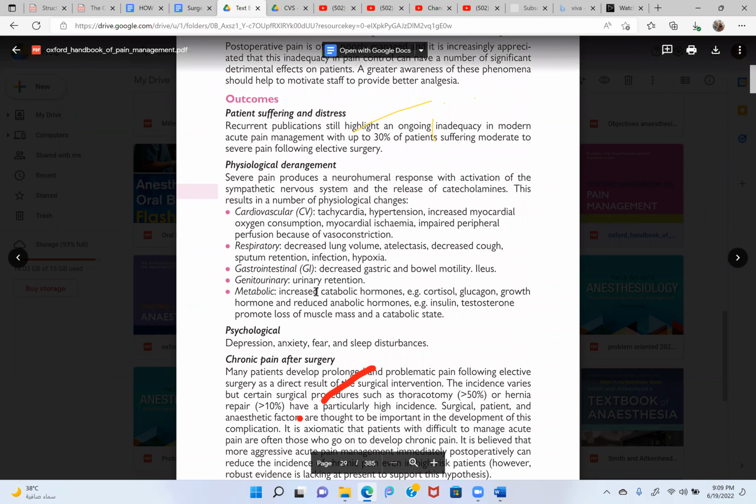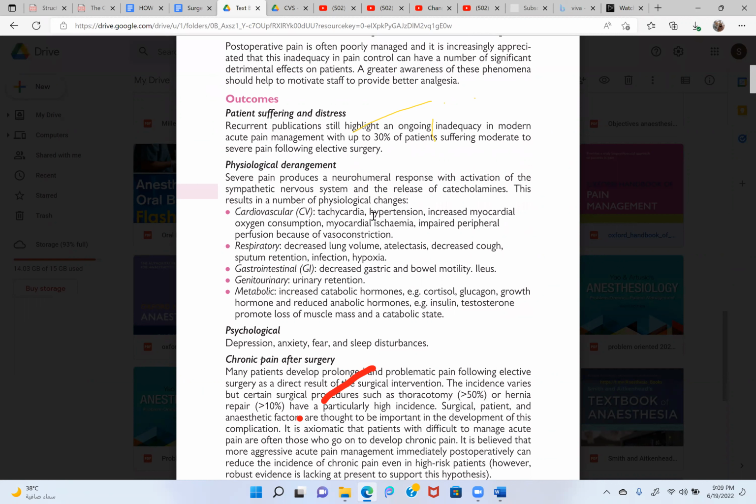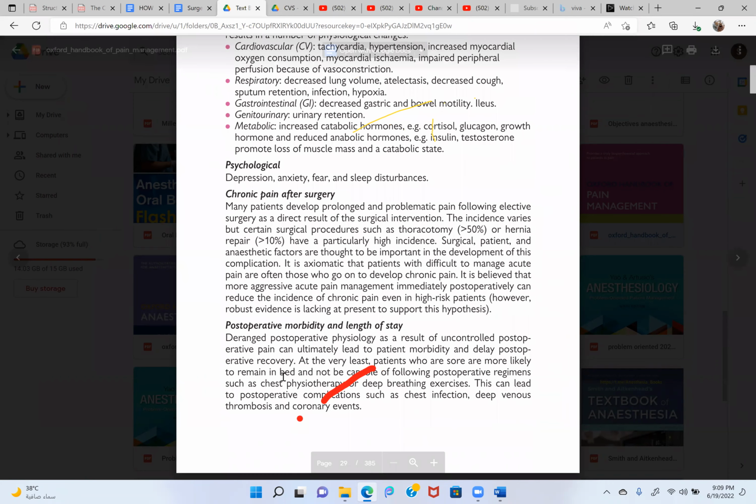Catabolism is not good for wound healing and everything, and the patient will go in a negative cycle, negative protein balance. There will be catabolism. Okay, so this we have discussed, and now we will try to go into some of the conditions.